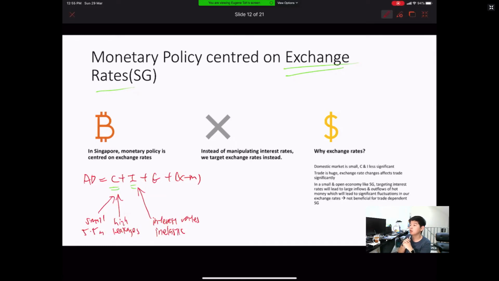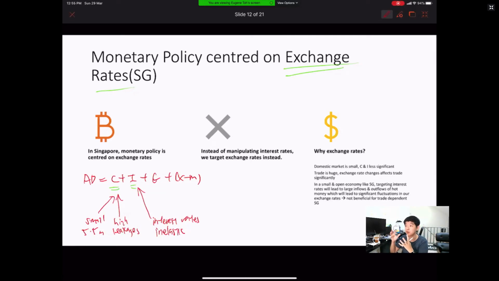A bit or a lot? So can our Sing dollar appreciate a lot or not? Is it good for us? Right, so it's not good for us, right? So very small changes in interest rates will cause very, very big and sudden fluctuations in our exchange rate.